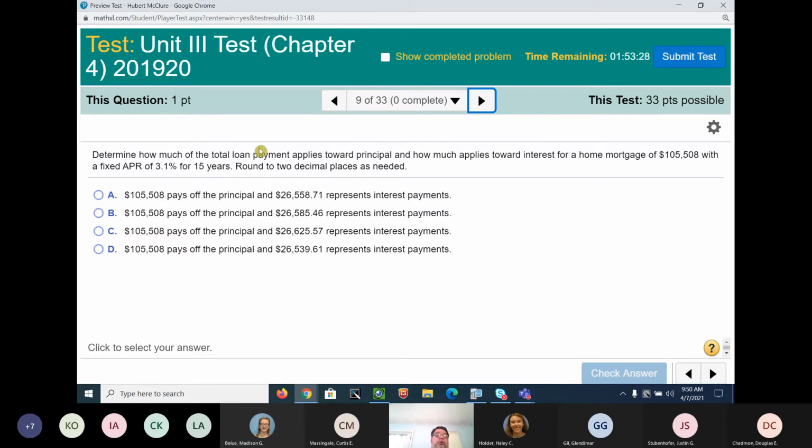So they want to know what is the monthly loan payment. So n is equal to 12. And you punch that through. Okay. You subtract 105 from what you get. And that's going to be this number right here. Okay, so that's the mortgage. We just did that one.